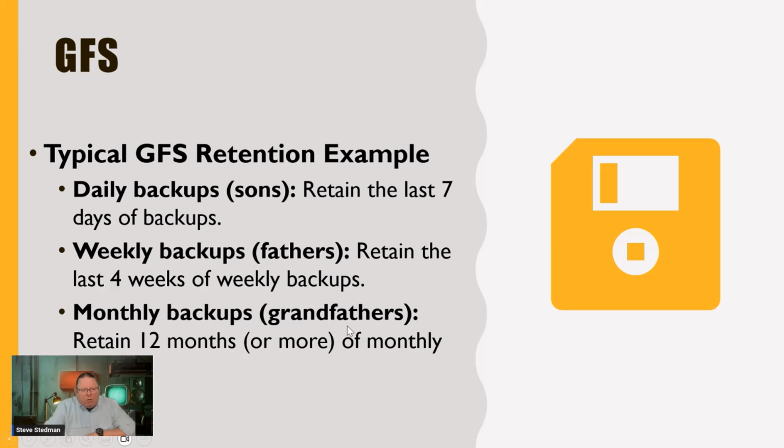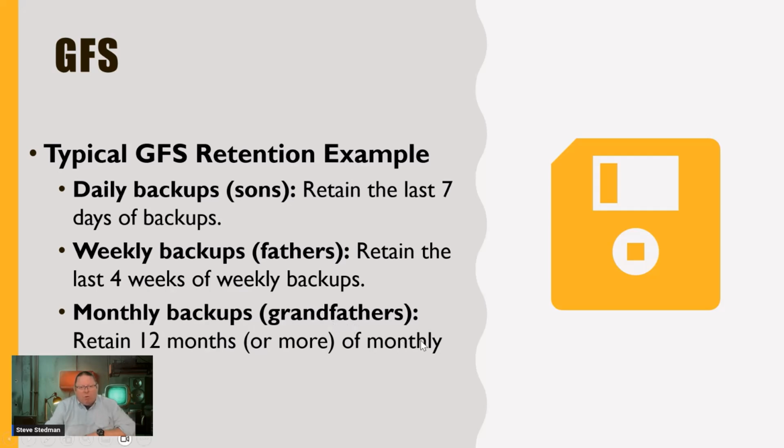And then we throw in what's called the grandfather level, or monthly backups, where we retain 12 months or more of monthly backups. So with this, we end up with a whole year of full backups, but we don't have the same granularity of 1 per day with 365 of them. Instead, we have 12 plus 4 plus 7, or 23 sets of full backups to have a whole year's worth of backups, rather than 365.